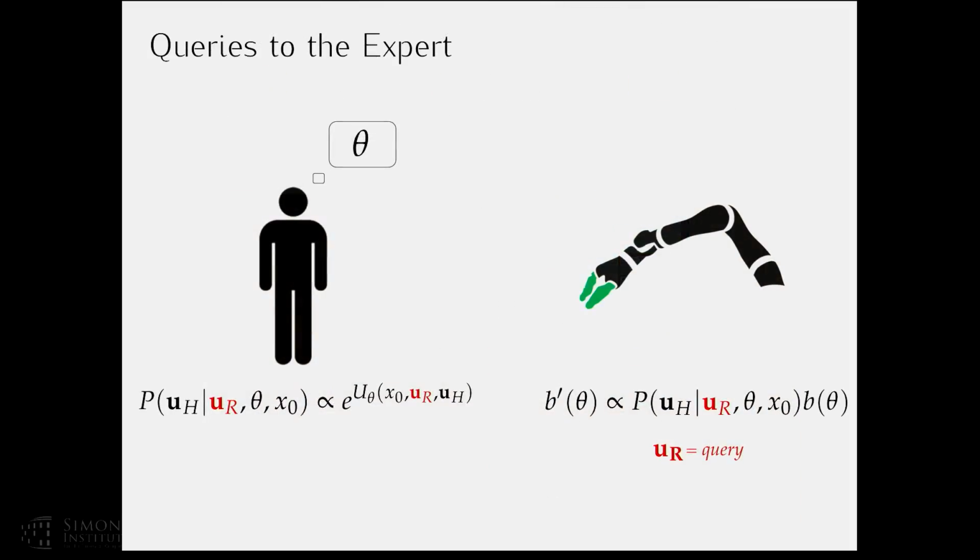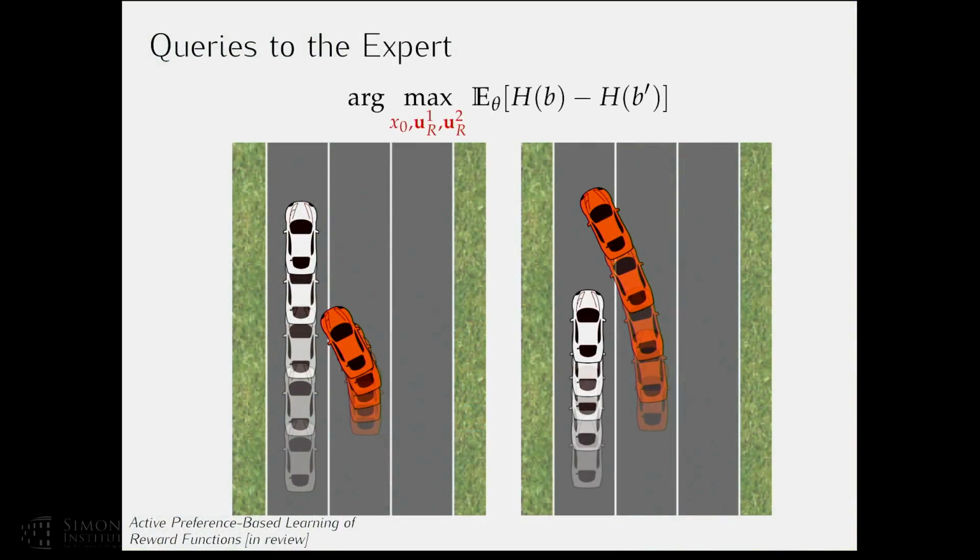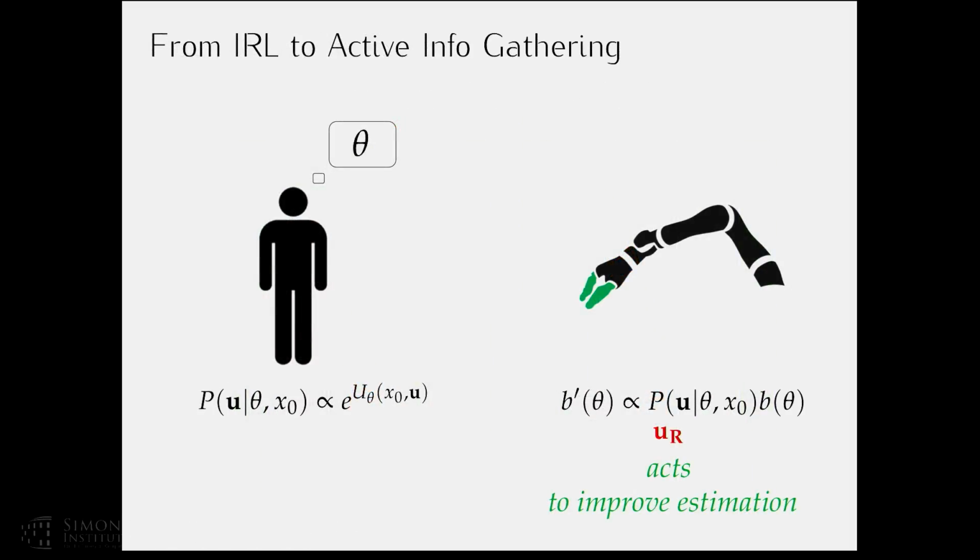What's interesting about this space is that we're looking at queries where you can ask the person to experience two different trajectories and say which one they would prefer, and that gives you information about their preferences. But you don't rely on a discrete set of queries to figure out what to ask; you can actually generate them using the same kind of techniques directly from the continuous space. So that's on acting to improve estimation.